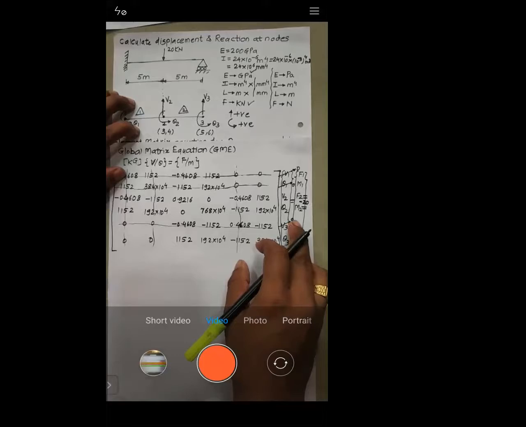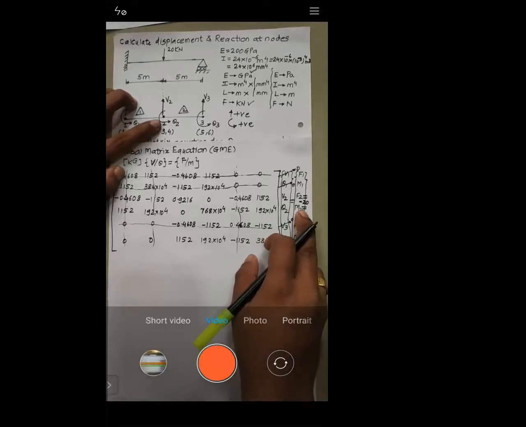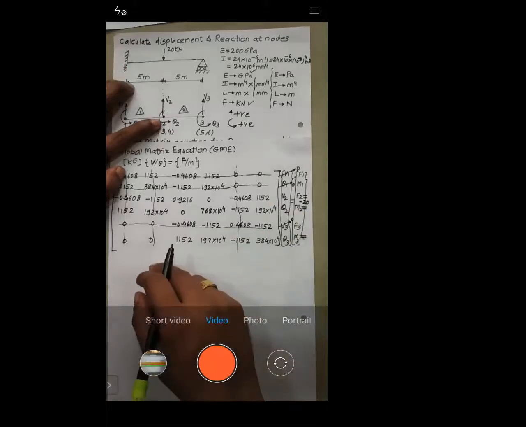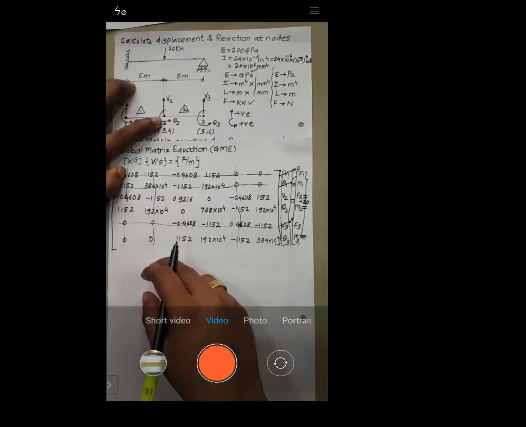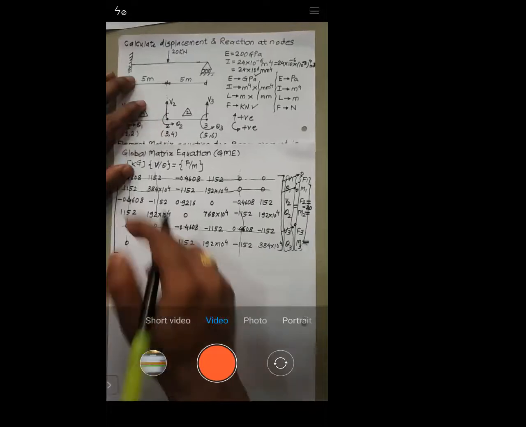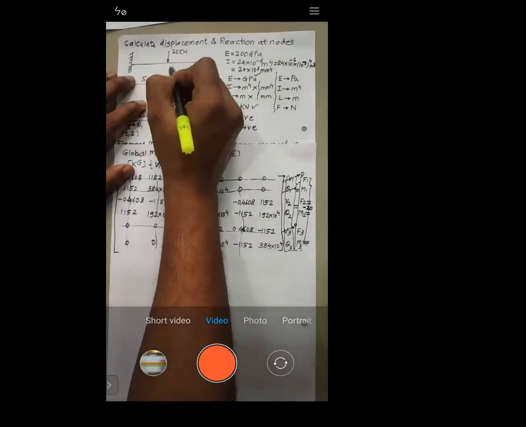Have you applied any moment at node 2? Is there any moment applied, like 3 kilonewton meter, 4 kilonewton meter?